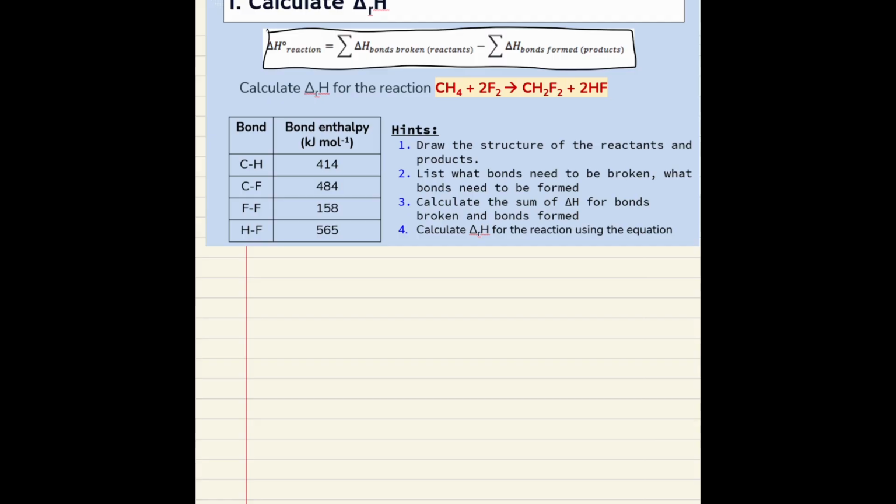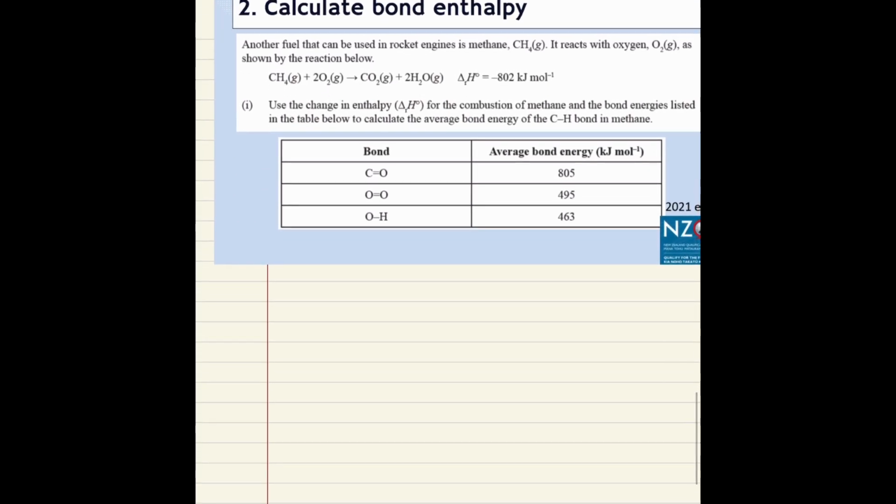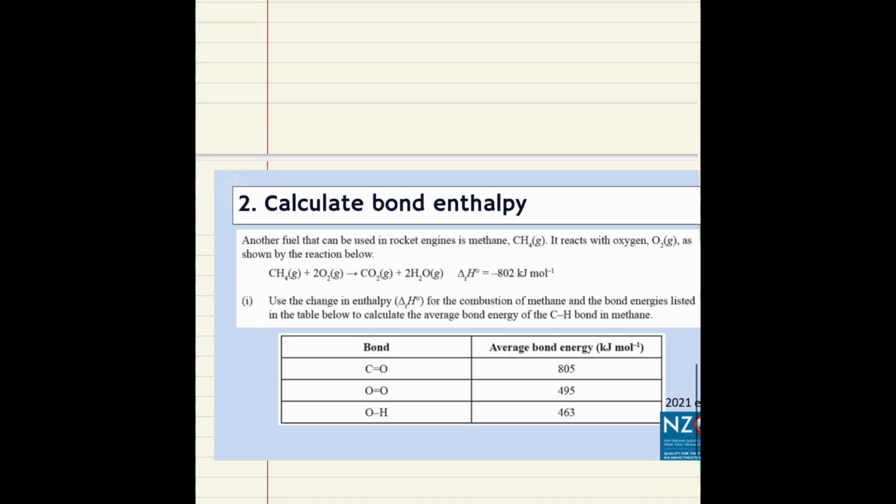There are two types of questions that you can get. The first one is where I've given you all of the bond enthalpies for all of the bonds in the reaction, but you need to calculate the change in enthalpy of the reaction. The other one, which we'll look at second, is where you have to calculate the bond enthalpy of a bond, where you're given delta RH.